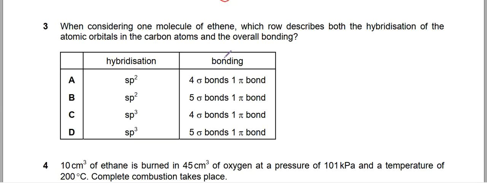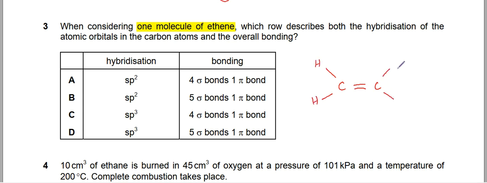When considering 1 mole of ethene, which row describes both the hybridization of the atomic orbitals in the carbon atoms and the overall bonding? First we need to take a look at the structure of ethene. It's an alkene, so this is the basic structure.